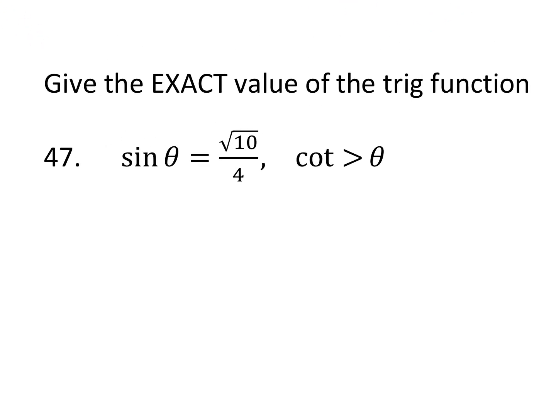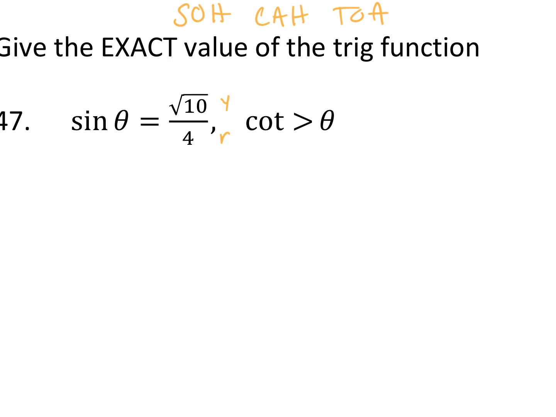All right, so 47, we have to give the exact value of the trig function. So sine of theta. Sine is what over what? Y over r, or you could say opposite over hypotenuse. That would work too if you just know SOHCAHTOA. Let's figure out what quadrant we're in.